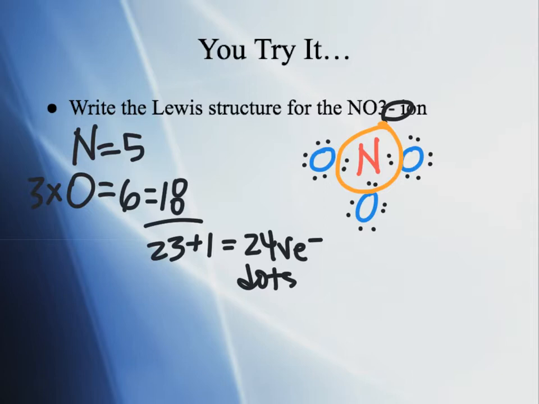We only need 1 double bond, so let's rewrite this with our double bond. Now each atom has 8, and we have 2, 4, 6, 8, 10, 12, 14, 16, 18, 20, 22, 24 dots.